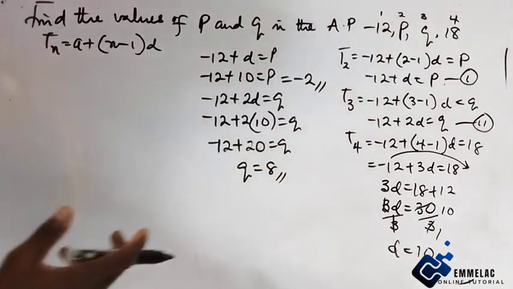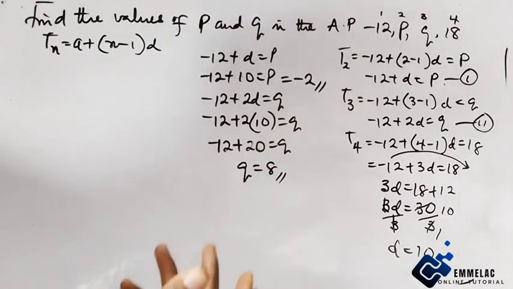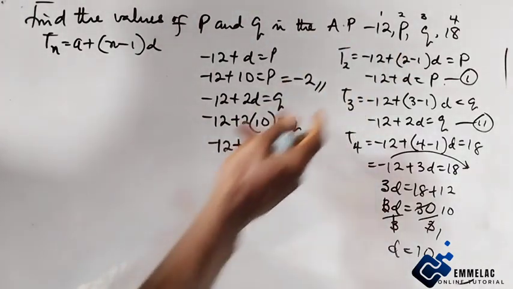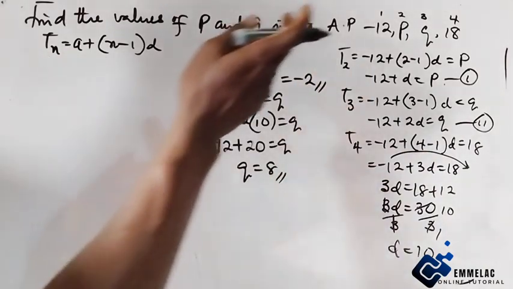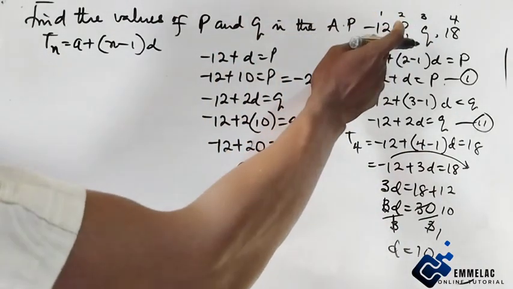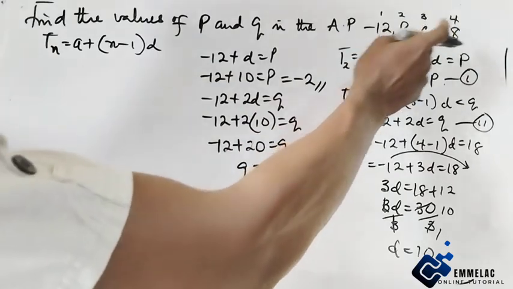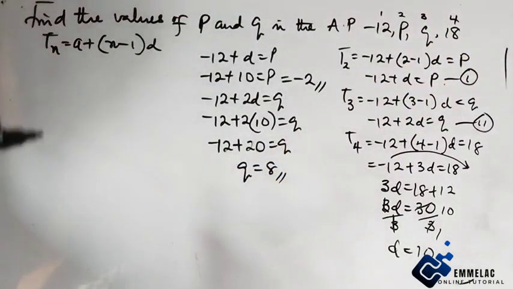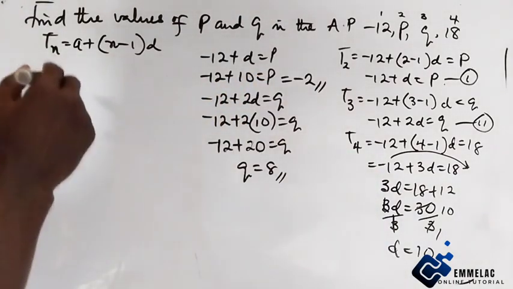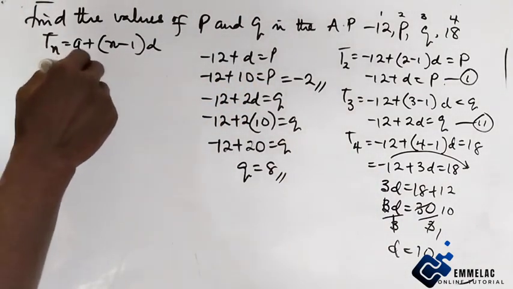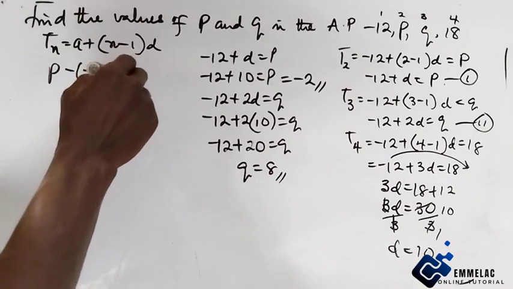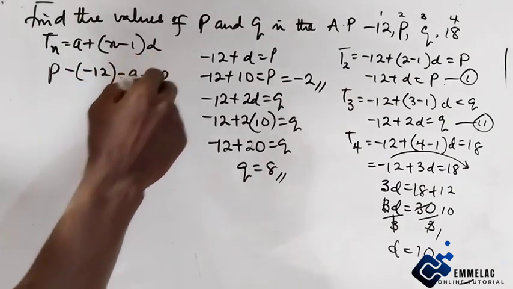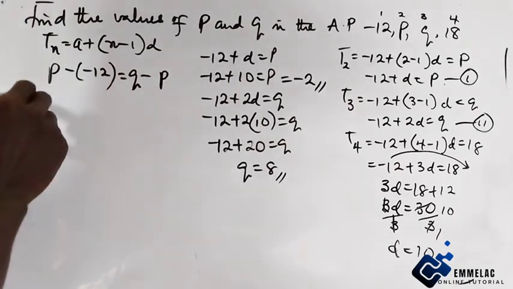Now the second method I said we can use is the common difference, D. This minus this equals this minus this equals this minus this, since they all have a common difference. So here we can say that P minus (minus 12), then equals Q minus P. Let me write it here.